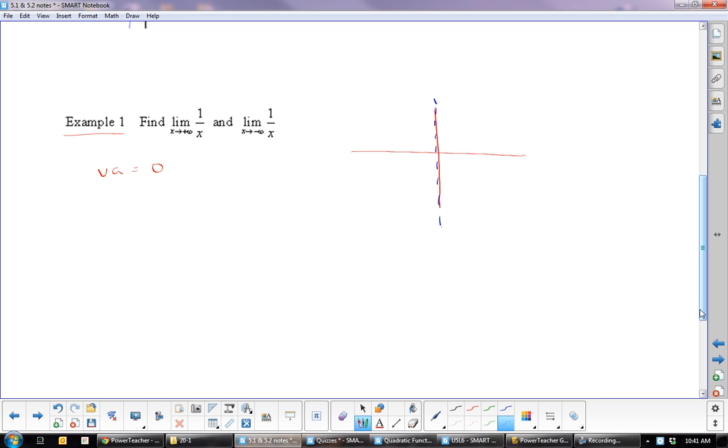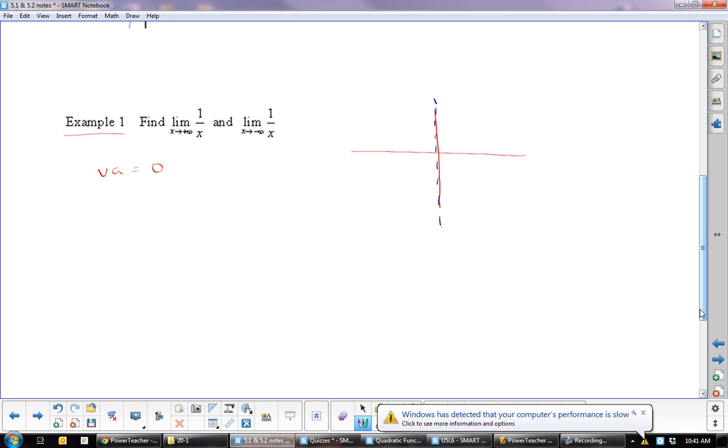Any y-intercepts? No, because you can't make x equal 0, right? So we got no x-intercepts, we got no y-intercepts. We have a vertical asymptote at 0. So really, it's pretty hard to draw this right now unless we do our horizontal asymptotes.